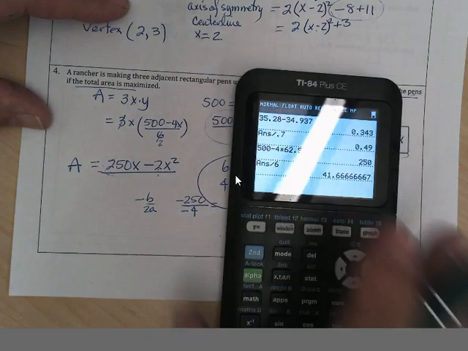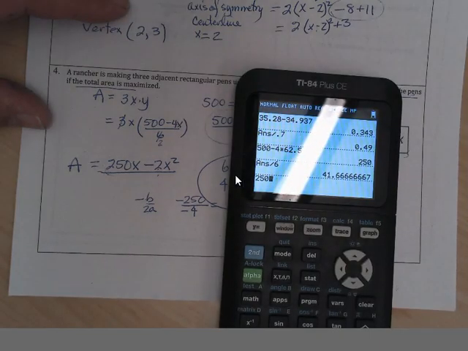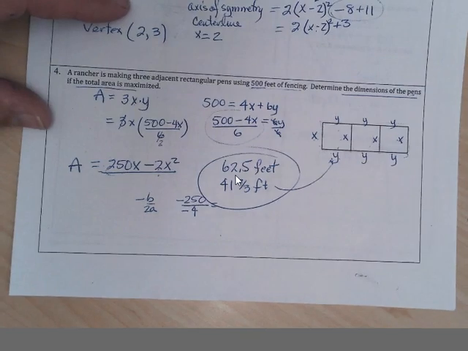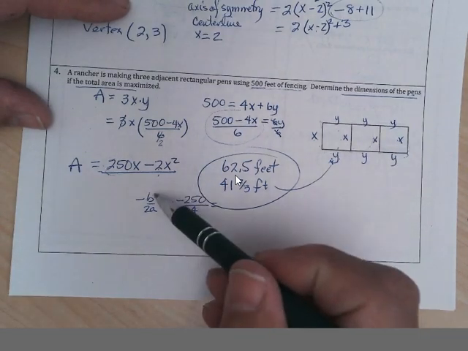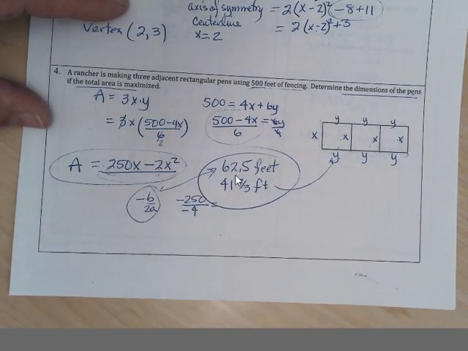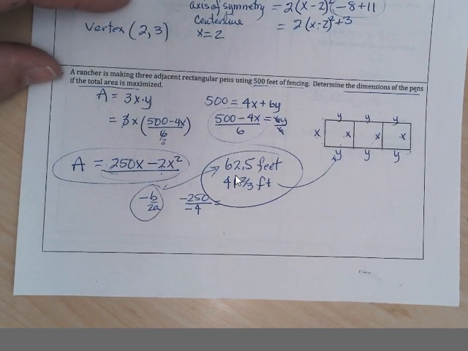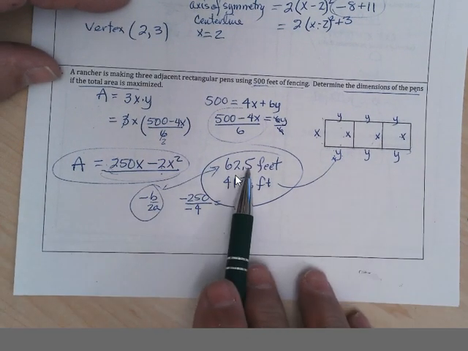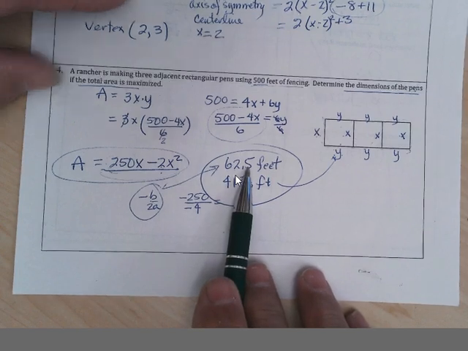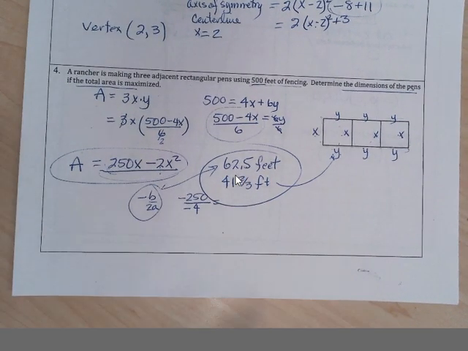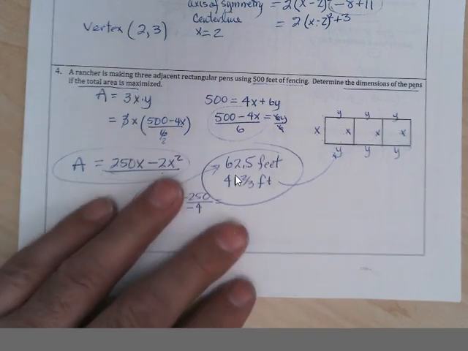So 250 divided by 4 is the 62.5 feet. So I could have found it by not looking at the graph and doing what we've learned before. It's moved over 62.5 feet, this parabola that's upside down. So that's how it relates to what we've been doing, this problem.